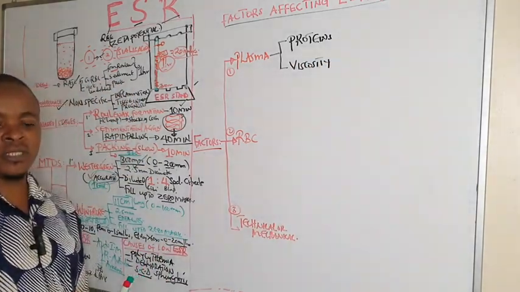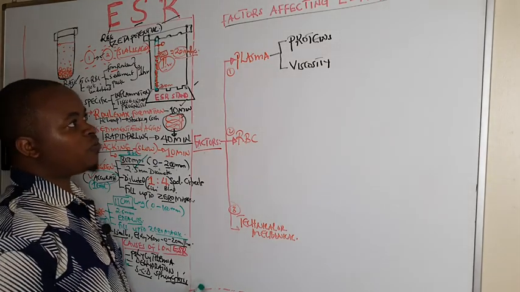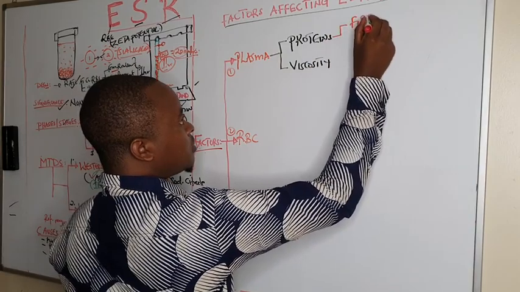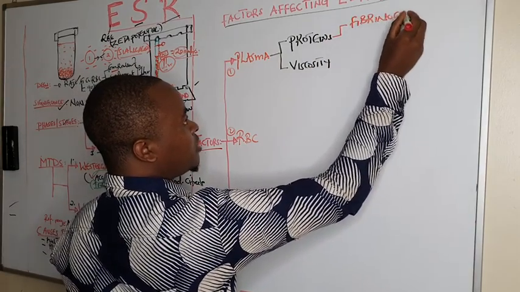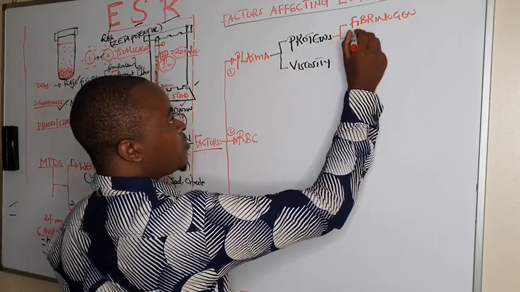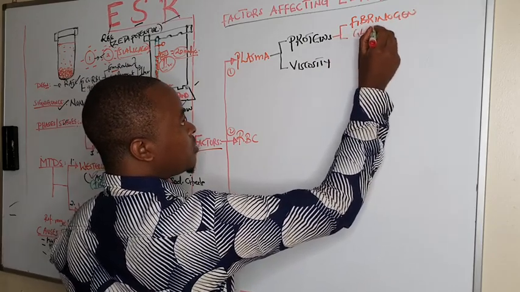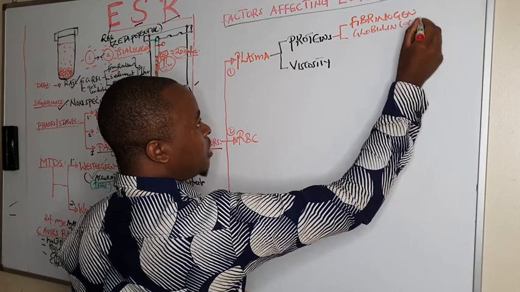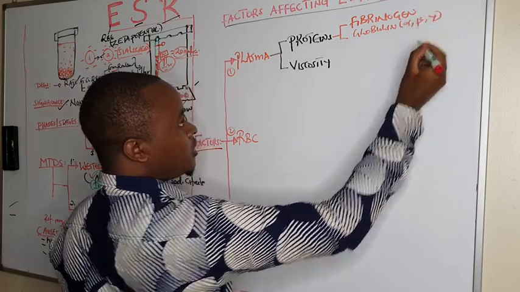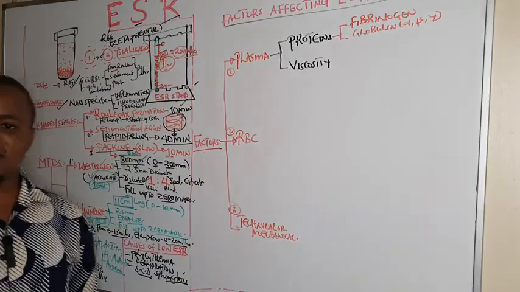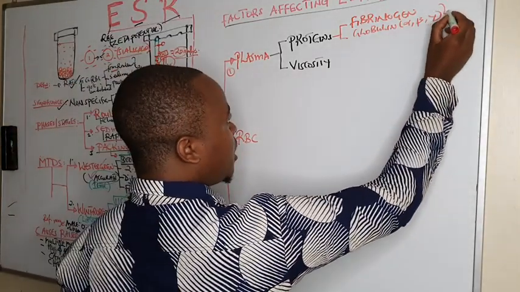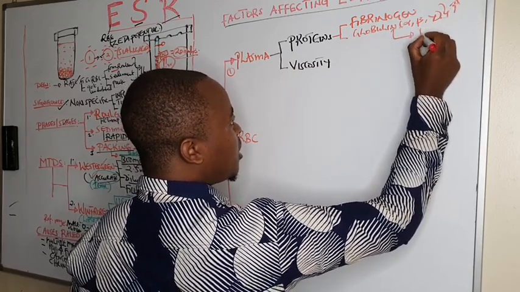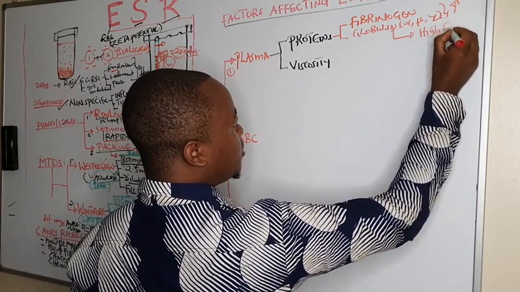With the plasma proteins, we have different types of proteins like fibrinogen. We have fibrinogen. We have globulins like alpha, beta, gamma. All these are globulins. So when these globulins and fibrinogen are elevated, all of them lead to high ESR results.